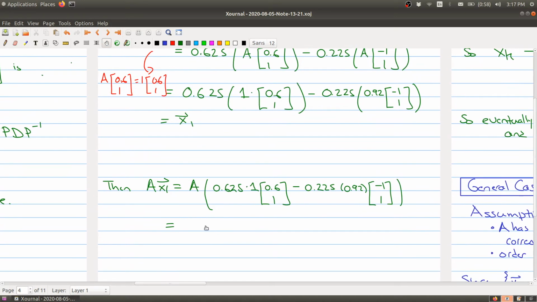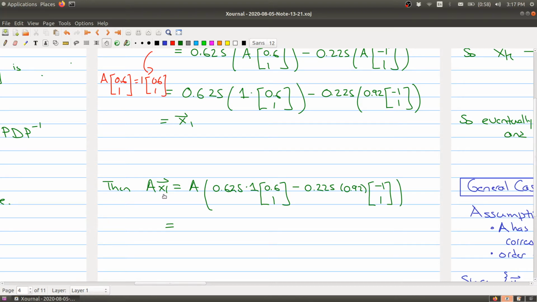If we iterate the process, we want to take A times x1, which we've computed in terms of its basis, and do it again. Because these are scalar multiples, we can pull them all the way out. So you have 0.625 times 1 times A times (0.6, 1), and here I'll have 0.25 times 0.92 times A times (-1, 1).